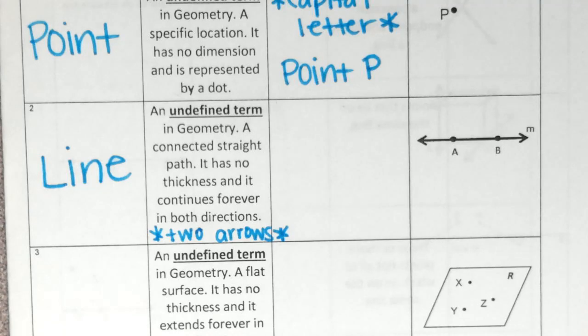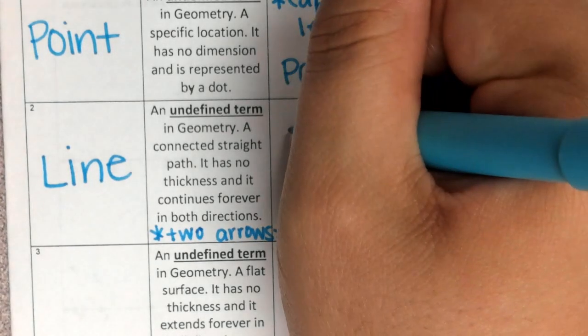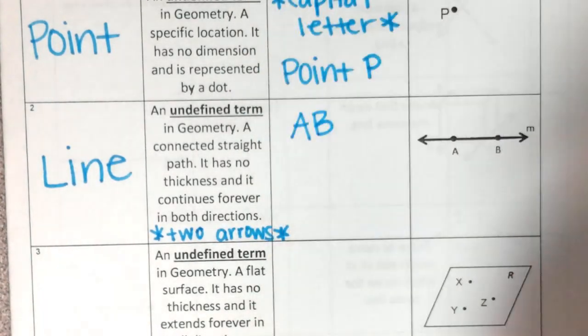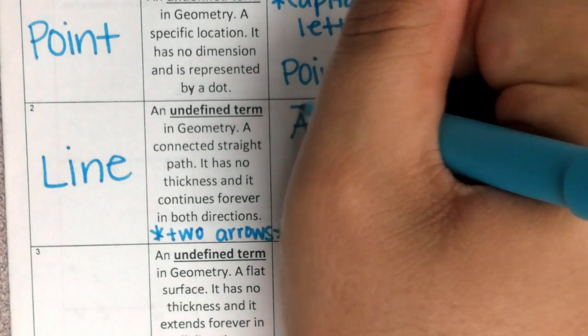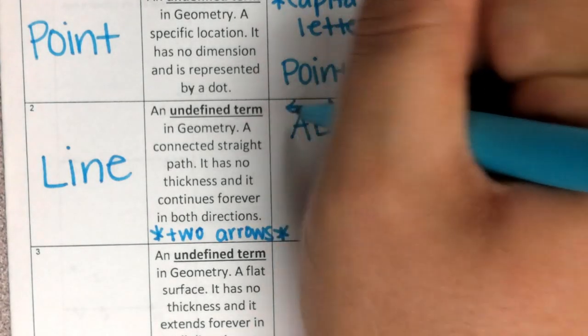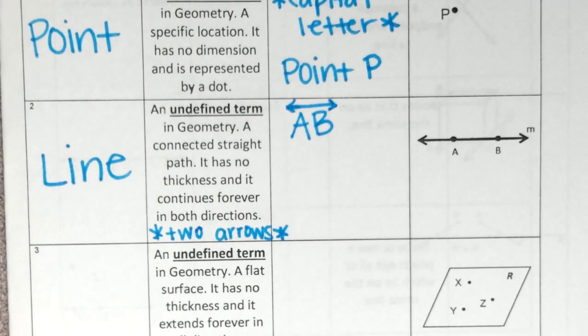Now, what is the name of this line? There are three different names. One of them is line AB, and we would write AB with a little bitty line with arrows up top. That lets me know, hey, it's a line. It's going on forever. It has two arrows.